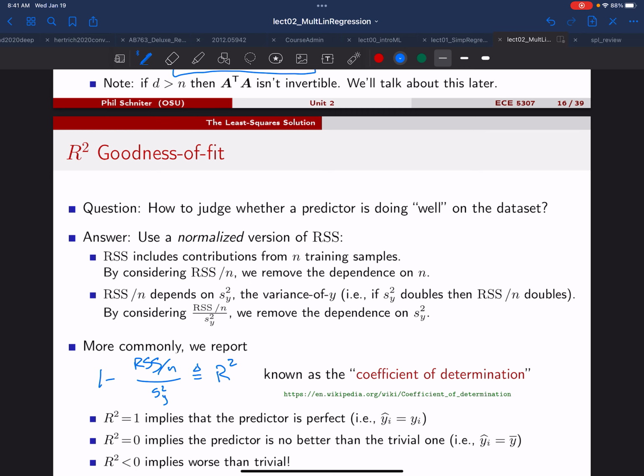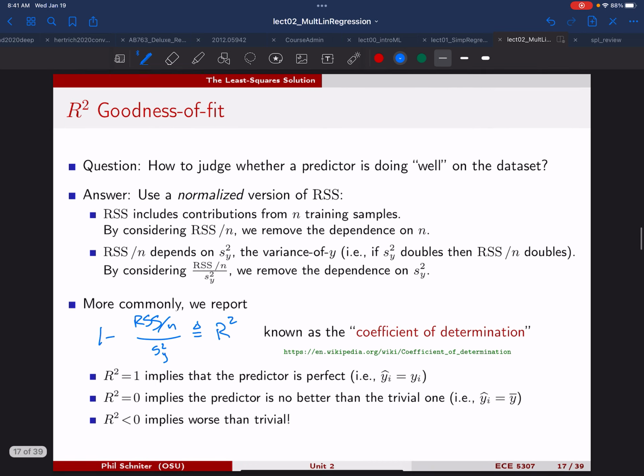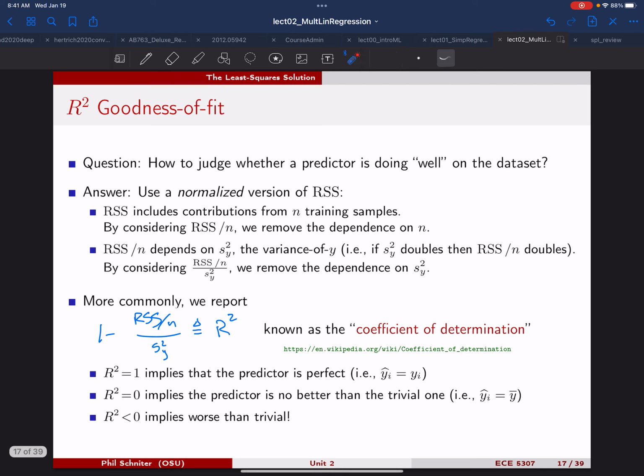So this is exactly the same as the last unit. We discussed last time how when r squared equals 1, that's the best that can possibly be, because that means the RSS is 0, meaning you have perfect prediction. If you find that you get r squared equals 0, that means that the predictor you have designed is no better than the trivial one.